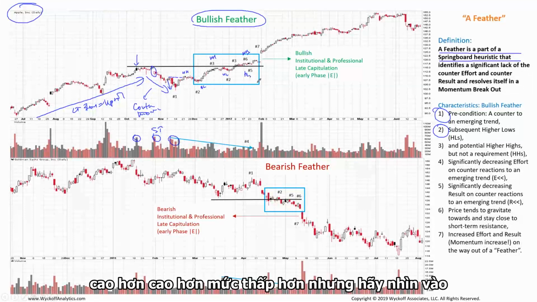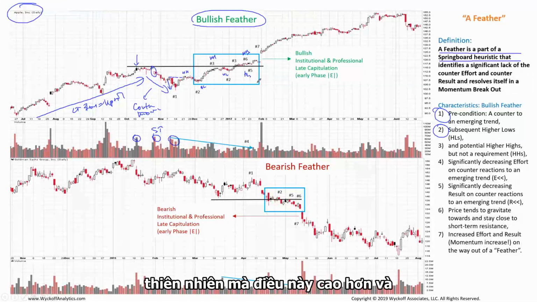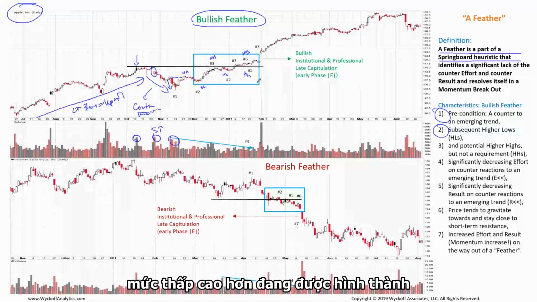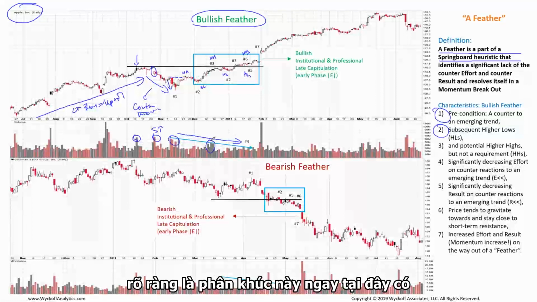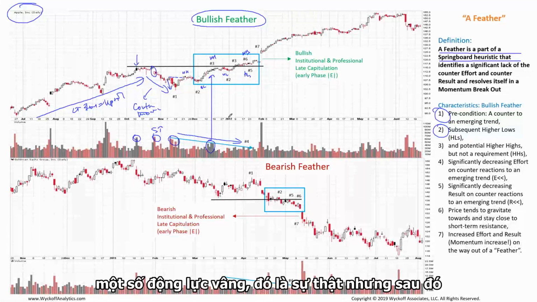But look at the nature with which these higher highs and higher lows are being formed. We're seeing a deterioration of the effort that pushes the price up. I mean, obviously, this segment right here has some momentum. Yes, that's true.